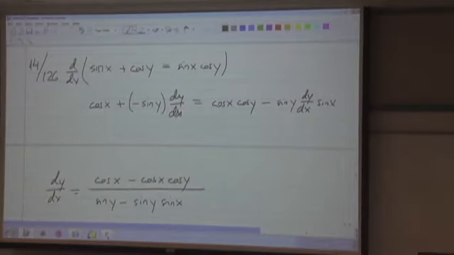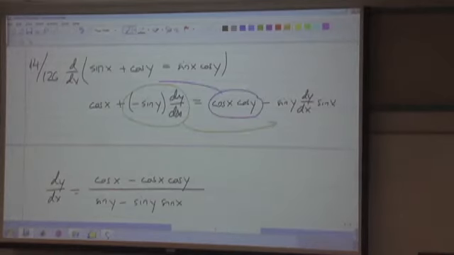Okay? Move the orange to the right hand side. Move the whatever that color is to the left hand side. Move on.